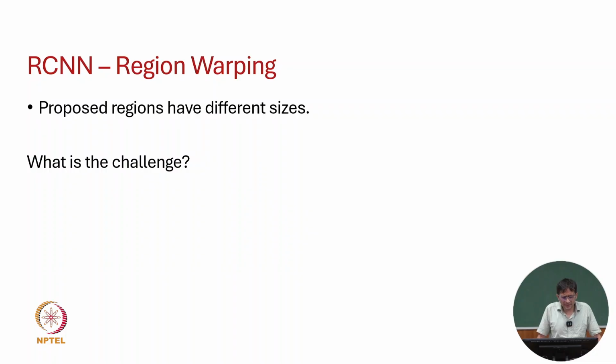So this is what I was just talking about: the proposed regions are of different sizes, and the issue is that we cannot just feed them to the CNN and obtain a feature vector if they have different sizes. Thus, we need to resize them. So there, region warping comes into play.